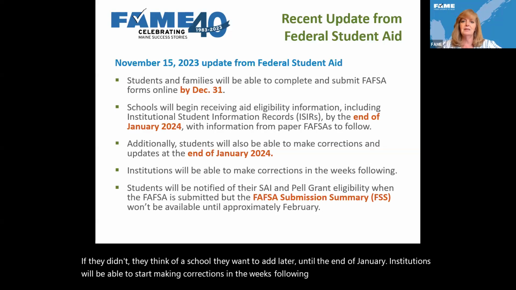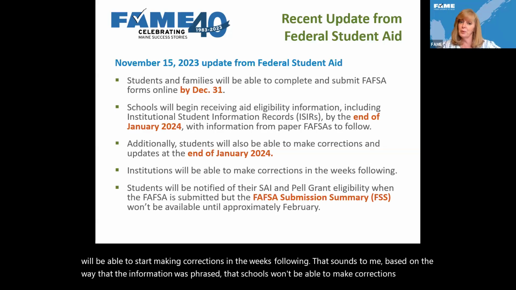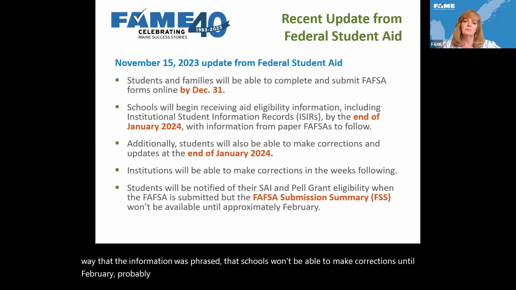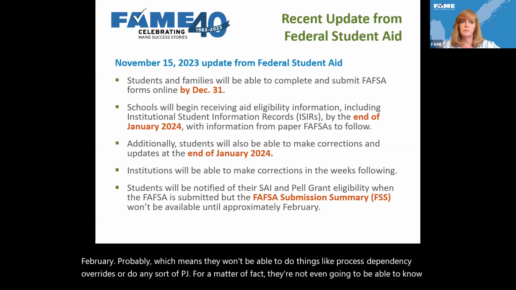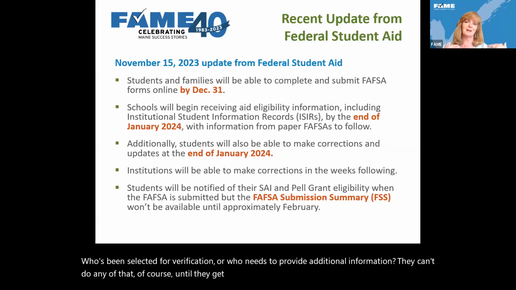That sounds to me, based on the way the information was phrased, that schools won't be able to make corrections until February, probably, which means they won't be able to do things like process dependency overrides or do any sort of professional judgment. As a matter of fact, they're not even going to be able to know who's been selected for verification or who needs to provide additional information. They can't do any of that, of course, until they get the records, and then they've got to load the records and test the records.